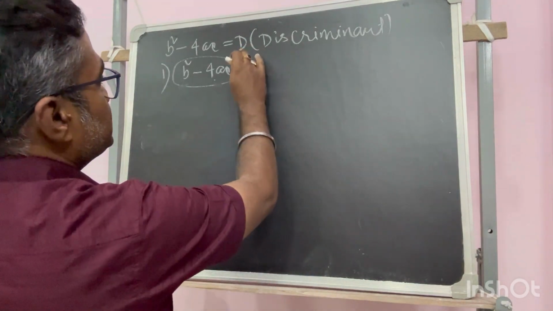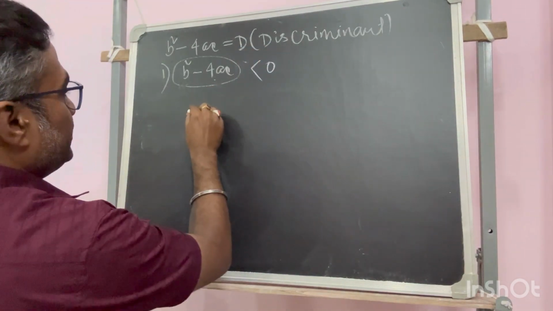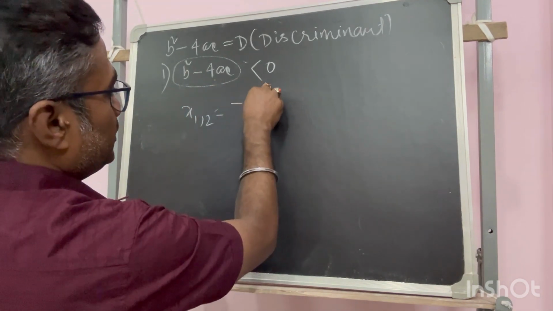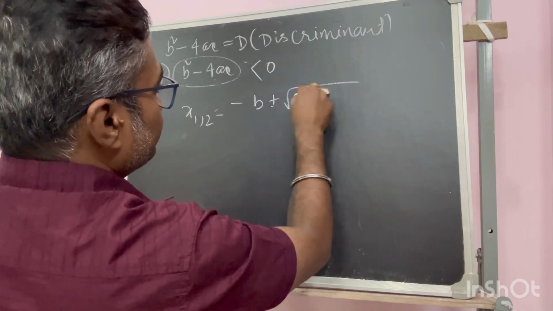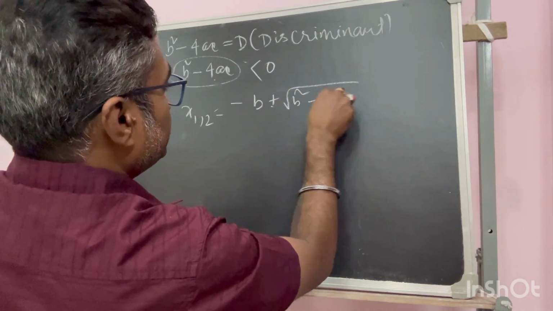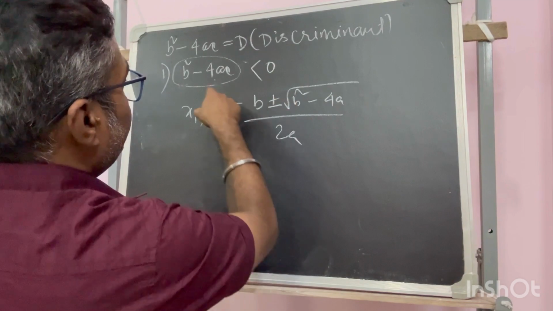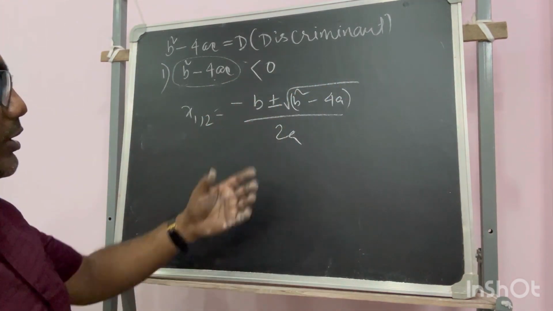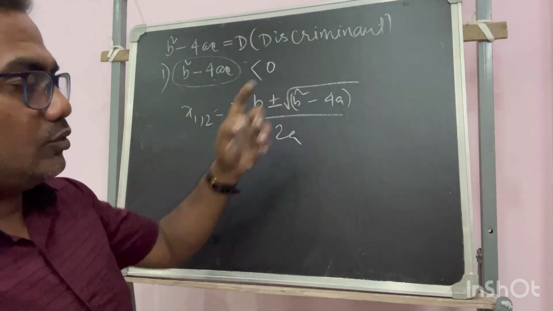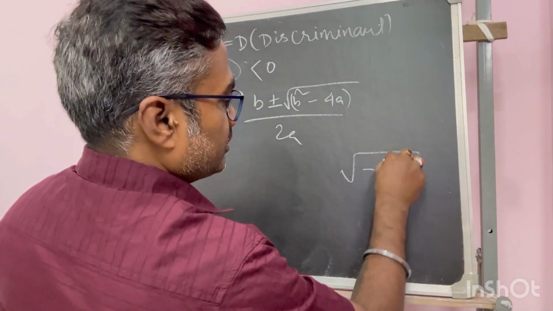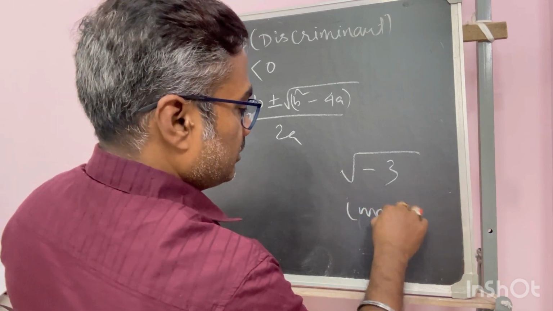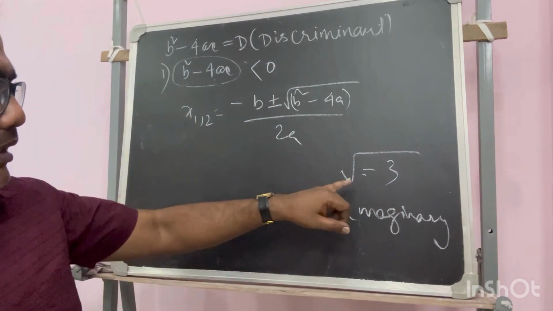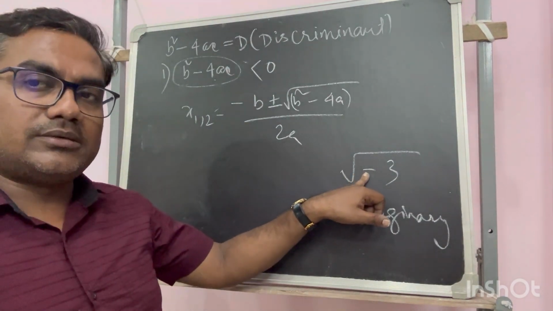If it is less than 0, that means for x1 and x2, both the roots I'm talking about, plus minus root of b square minus 4ac over 2a, now if it is less than 0, that means this part cannot come out of the root. That means this is all imaginary. The square root of a negative cannot be defined in mathematics in real terms.